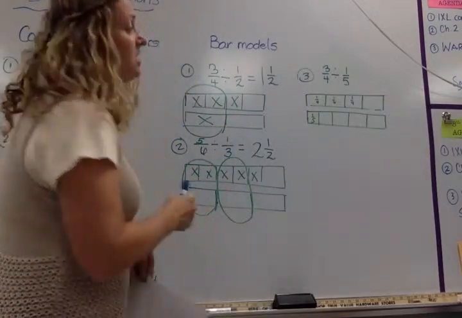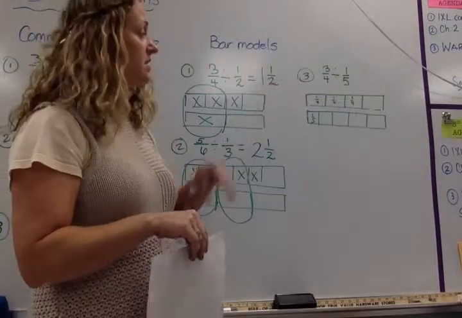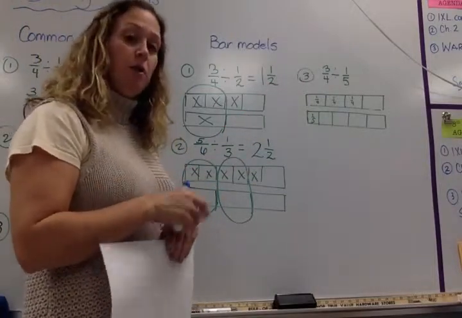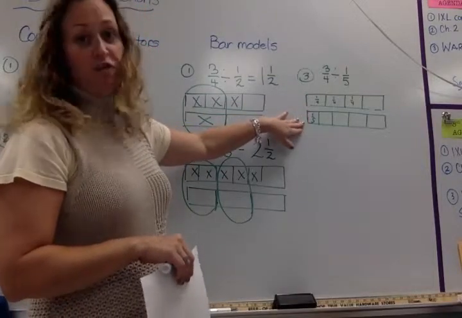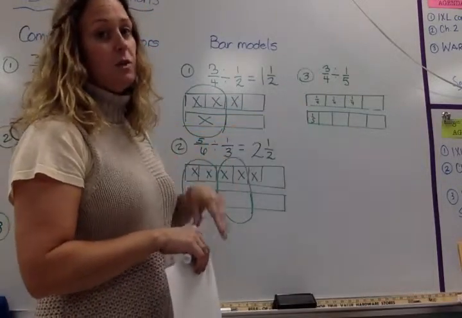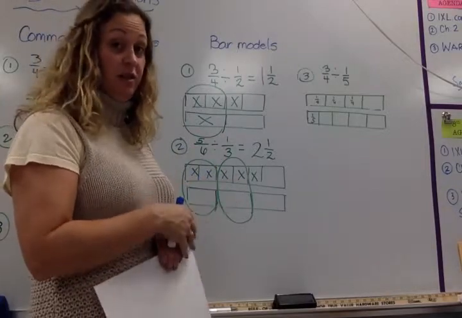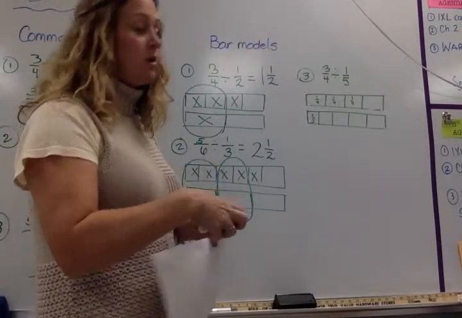To do that, I need to create 20ths as my common denominator. So I want you to hit spacebar and pause the video to change your fourths to 20ths and change your fifths to 20ths. Only hit spacebar to resume when you're done doing that. This is what it'll look like.